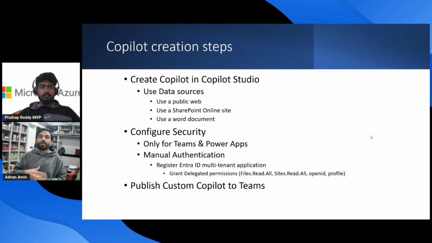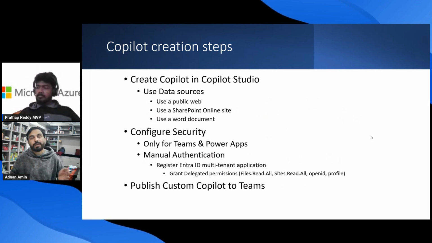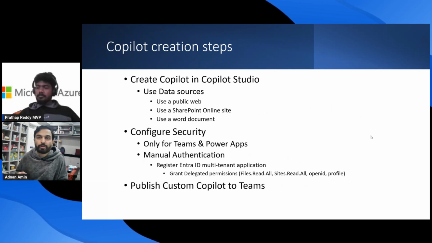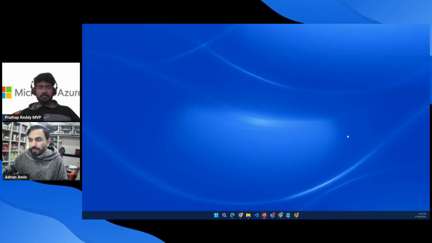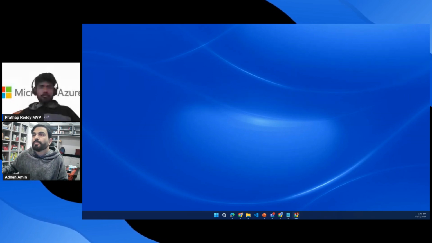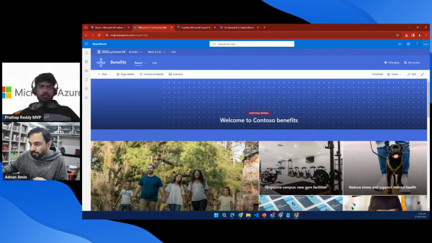What we are going to do today is go to Copilot Studio and create data sources. We'll play around with a public URL, and then with SharePoint Online and some Word documents. Let's jump into a demo directly instead of too much discussion on the slides. Let me open a site for you. Just a second.